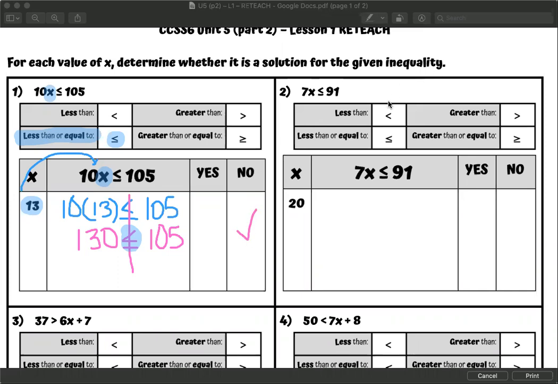Let's try this again. 7x is less than or equal to 91. So I'm highlighting my variable. And I'm going to highlight this number that I'm plugging in for my variable. So we're going to be plugging in 20 where x is. 7x means 7 times x.